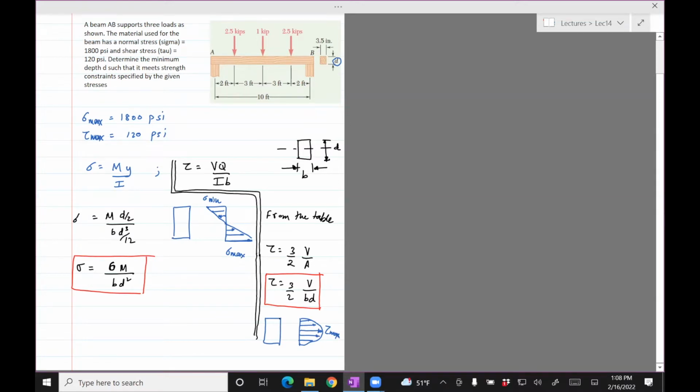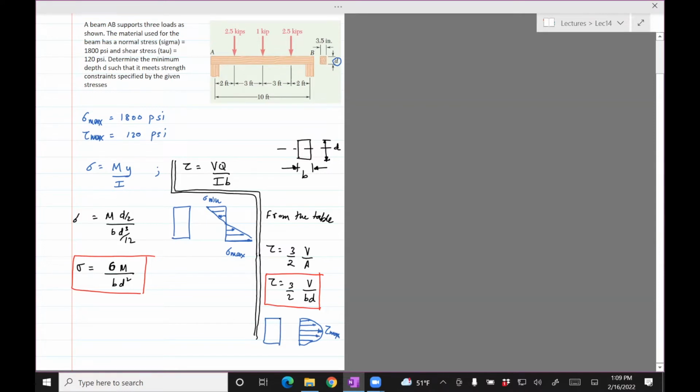So if you put in sigma max and the maximum moment on this beam, you can compute D. You can also, given the maximum shear stress tau, find the maximum V on this beam, and again compute D using that.